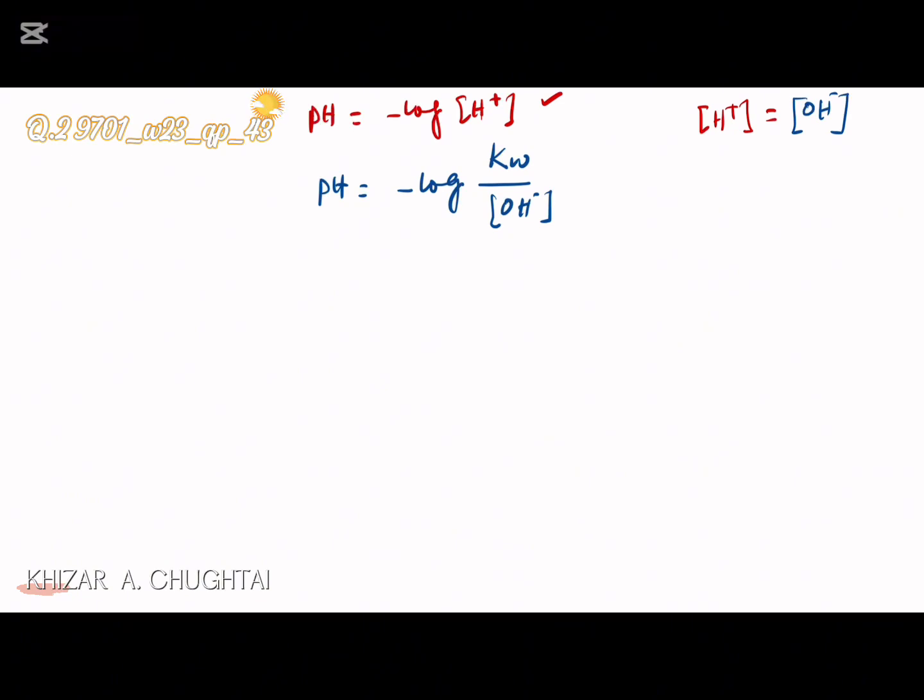Let the concentration of both be equal to A. So the H positive ion concentration is equal to A mole per dm cube. Let's suppose the OH negative ion concentration is also equal to A mole per dm cube. And the next thing, the pH of the acid and the pH of the alkali. This formula is for acid, this formula is for alkali.